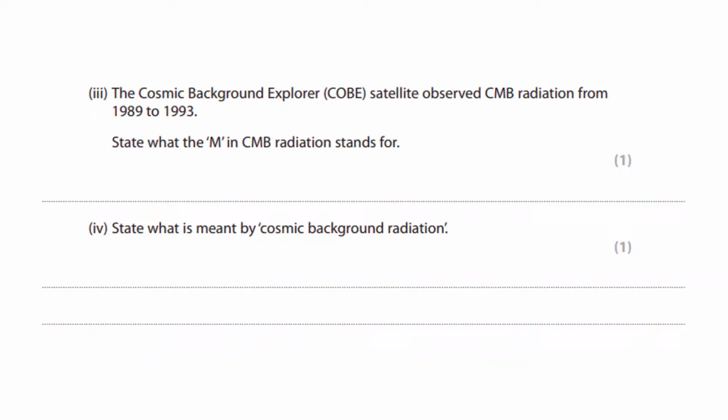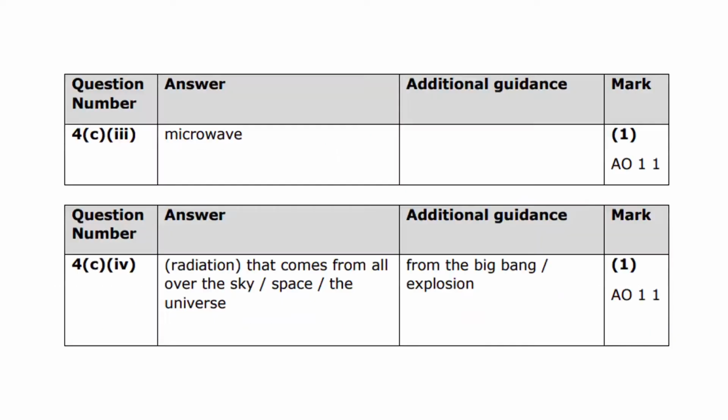Okay, and then we're asked what is meant by cosmic microwave background radiation, or cosmic background radiation. Yeah, they do use them kind of interchangeably. The full name is the one I keep saying, cosmic microwave background radiation. They shorten it, but it's the same thing. I say the exact thing quite a lot, obviously, because I teach students. Microwave, as I've just said, is the answer. And the answer to what is it?